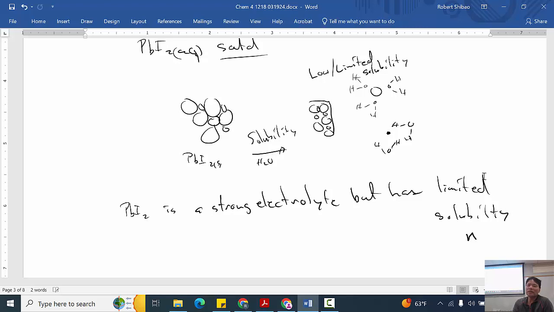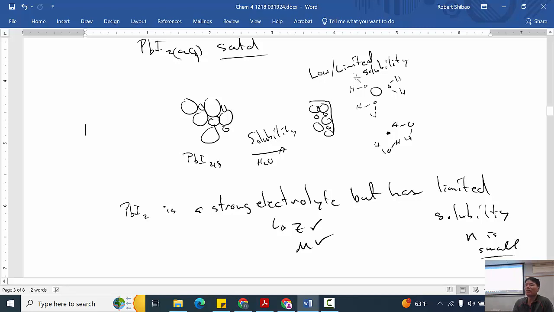Limited solubility means N is small. A strong electrolyte means that we have Z and we have mu, but just N, the number, is small. And therefore the conductivity is small.